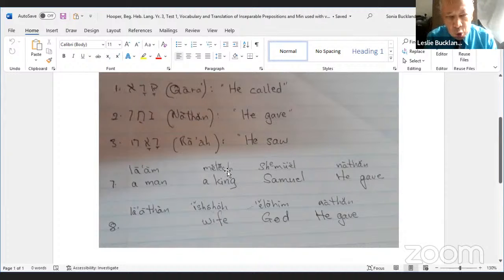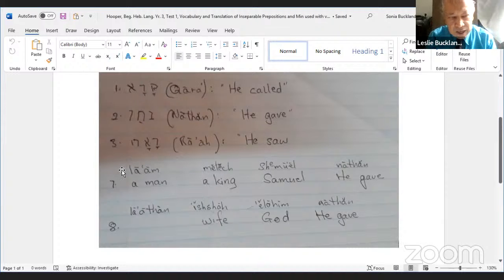Now, whom did Samuel give? Well, what comes after the verb in the English is normally considered to be the direct object of the verb. So this is the direct object. It is the noun Melech, and Melech means a king. So whom did Samuel give? Samuel gave a king.